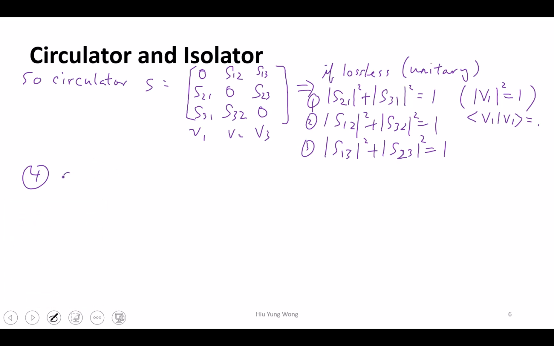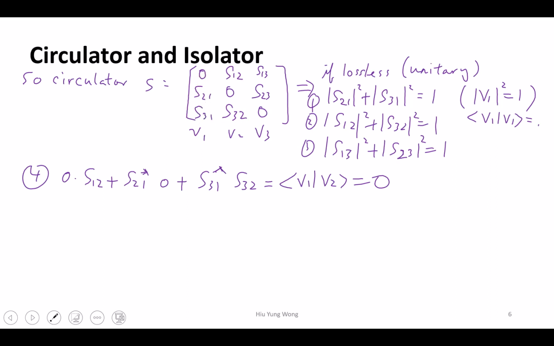Maybe I write it one time. 0 times S12 plus S21 complex conjugate times 0 plus S31 complex conjugate times S32, which is just V1 inner product with V2 equals 0. I'm trying to do the inner product of these two columns. Again, this is a vector because I have three components.